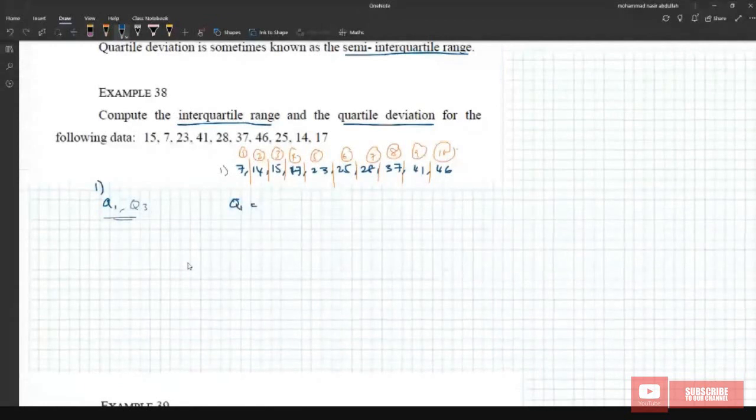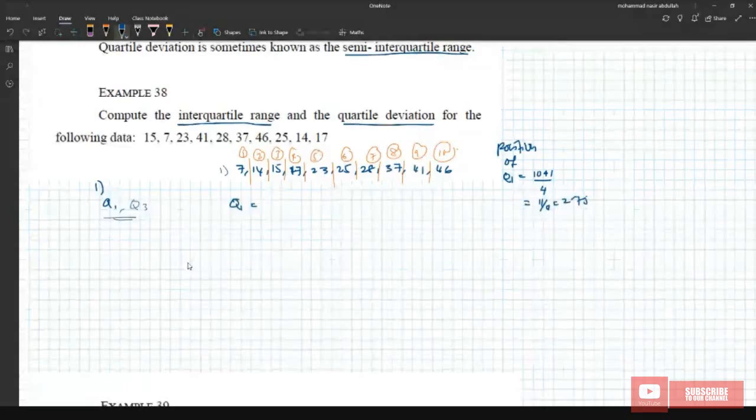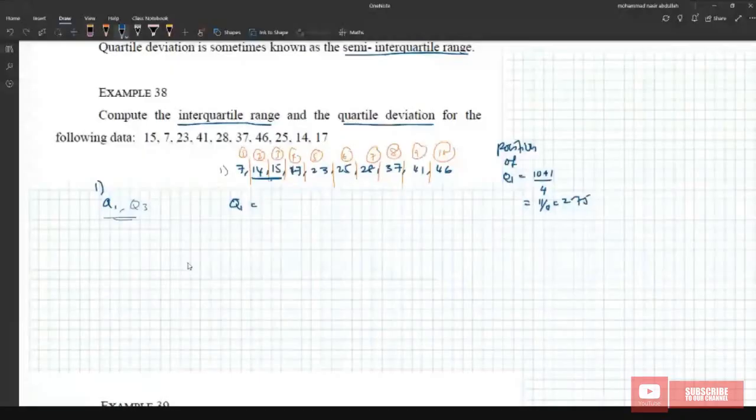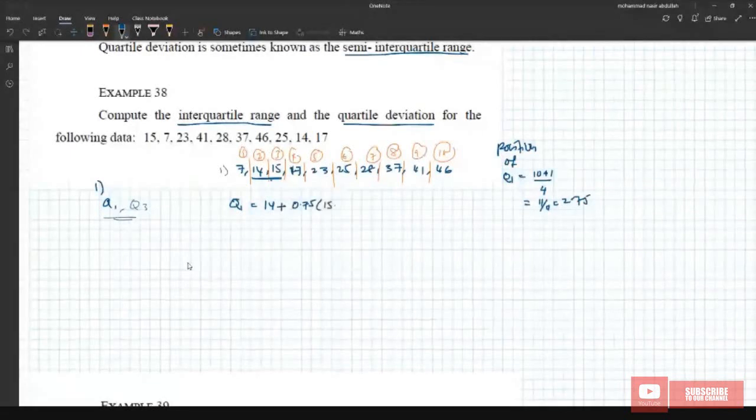Position of Q1 is (10 plus 1) divided by 4. So 11 divided by 4 is 2.75. So quartile number 1 is between the 2nd and 3rd positions. So 14 plus 0.75 times (15 minus 14), which is equal to 14.75.